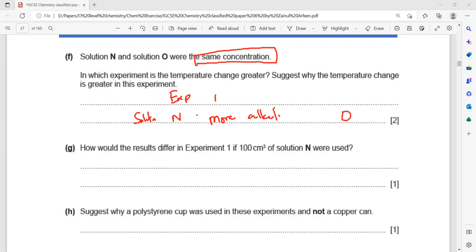You cannot mention concentration here because they already mentioned they have the same concentration.